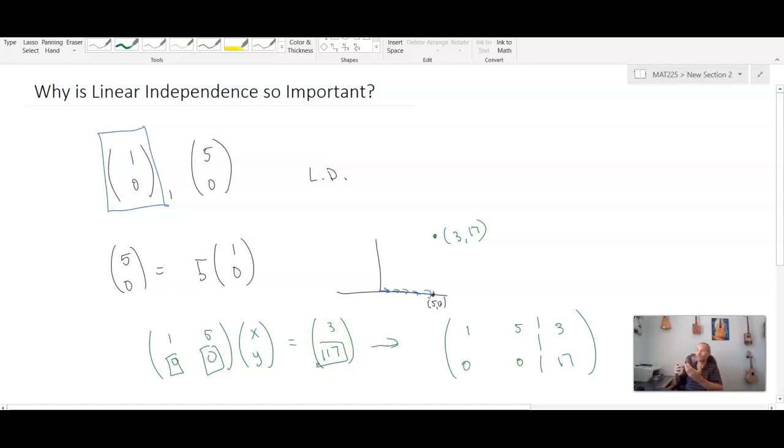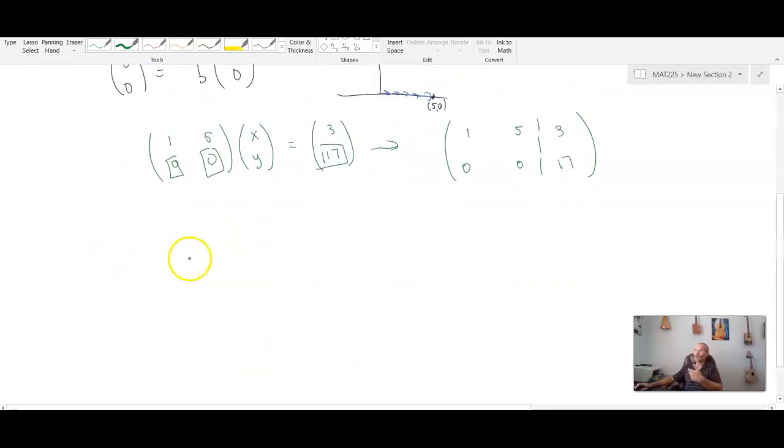So it tells me basically about whether I'm going to have unique solutions or potentially infinitely many solutions. If you have n vectors in n dimensions that are linearly independent, so here we had two, I'll give you an example of two linearly independent vectors in R2.